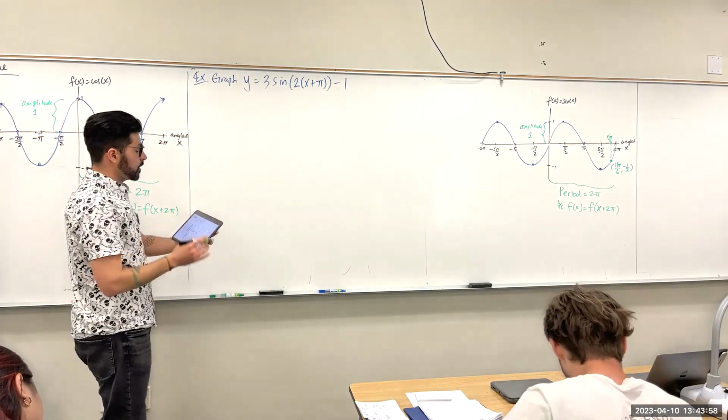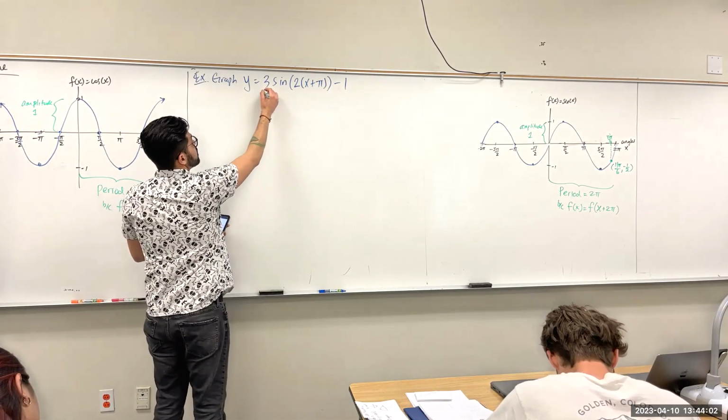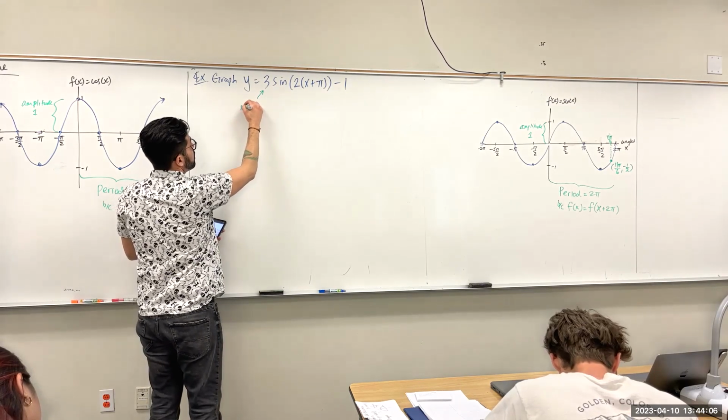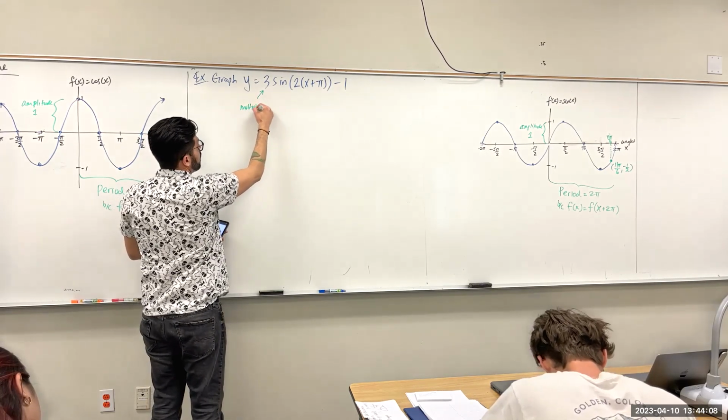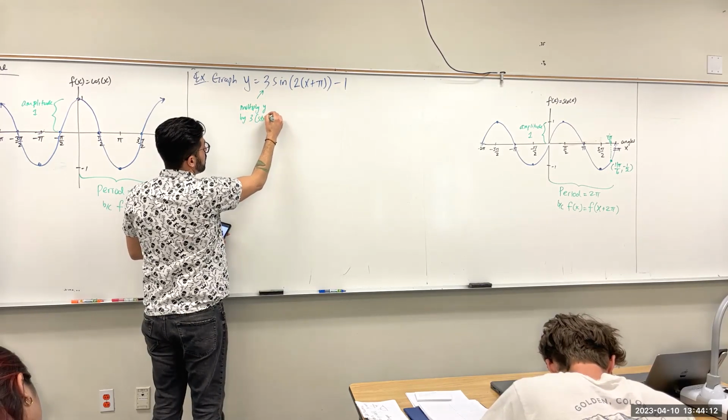I'm just going to label everything that we just discussed so that you have it in your notes. This 3 is going to multiply y by 3, so you're going to do a stretch.